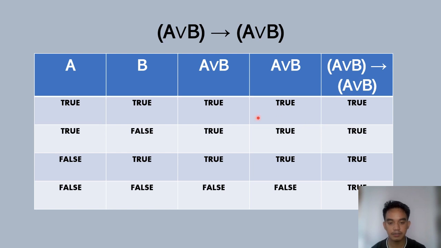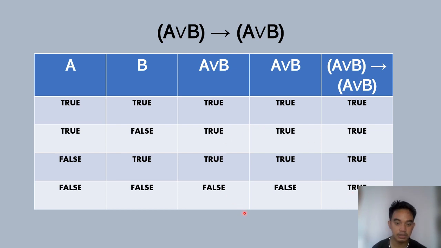Here, if the value of A is true and the value of B is true, then the propositional value is true. True, true is going to be true. False, false is going to be true, as you can see here.